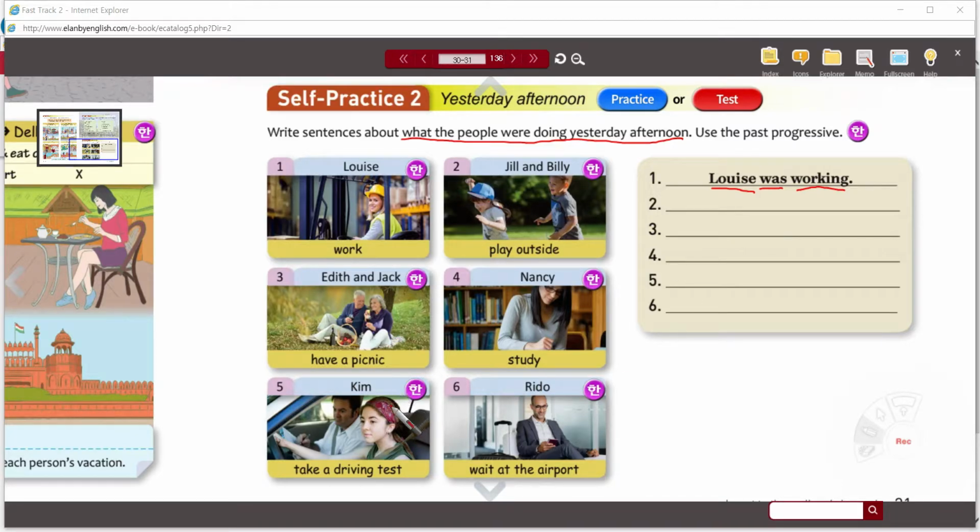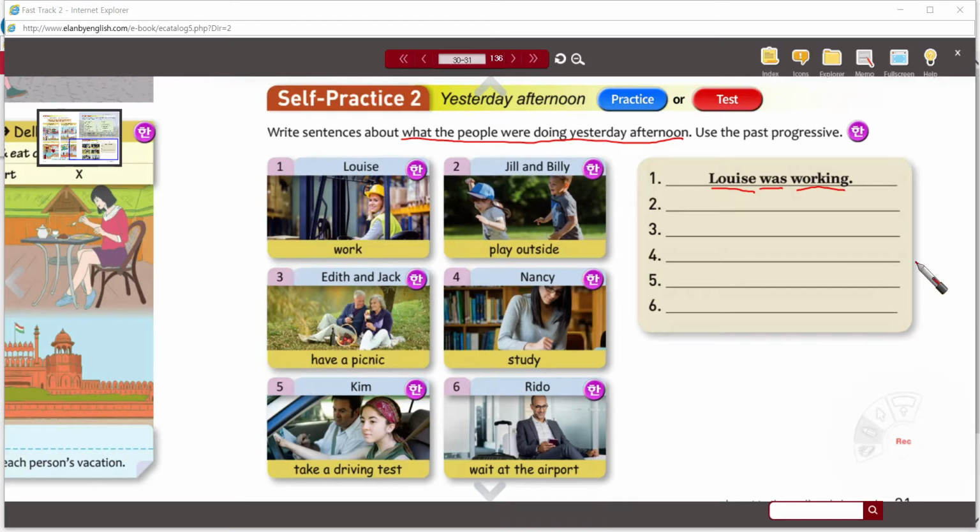Kim, what was she doing? What was Kim doing yesterday afternoon? Kim was taking a driver's test. Okay, so Kim was taking a driver's test. Good. And Rito? What was Rito doing yesterday afternoon? Rito was waiting at the airport.